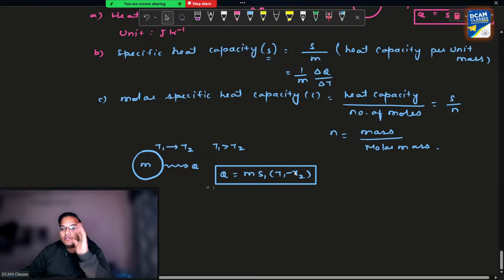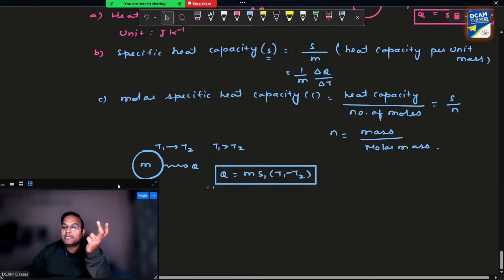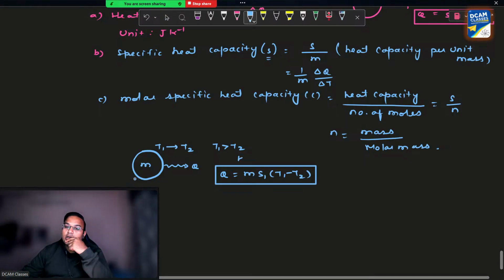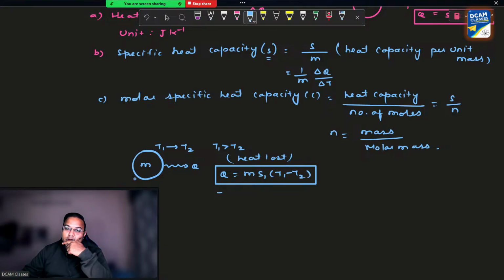Understood? If this is heat lost, and T1 was less than T2, then the same amount of heat would be gained.